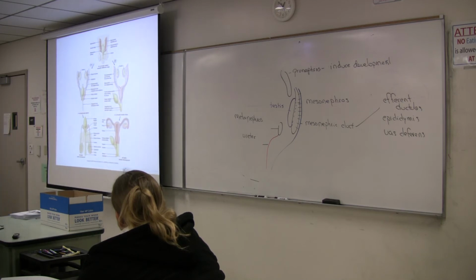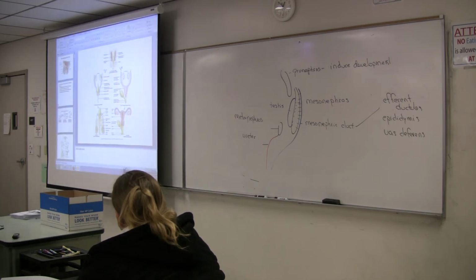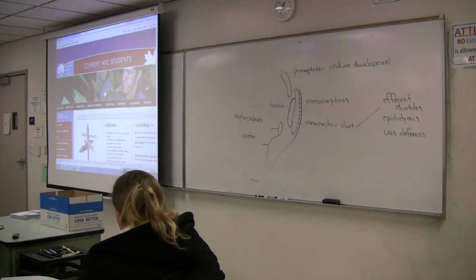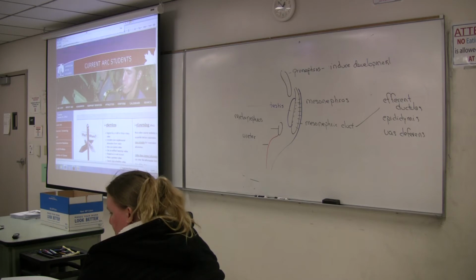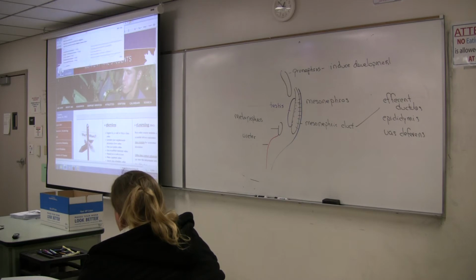Right? So let me pull up that video. The YouTube video, if you want to watch it later, is called Urogenital Development. Unfortunately, the subtitles are in French, but you can recognize the words. They're Latin-based.